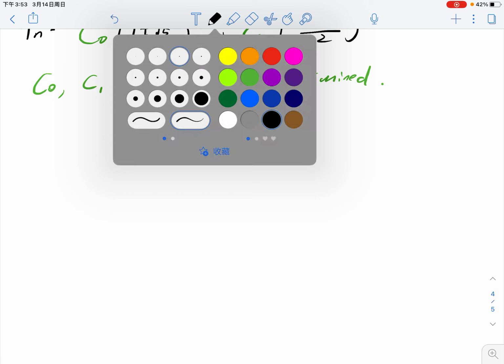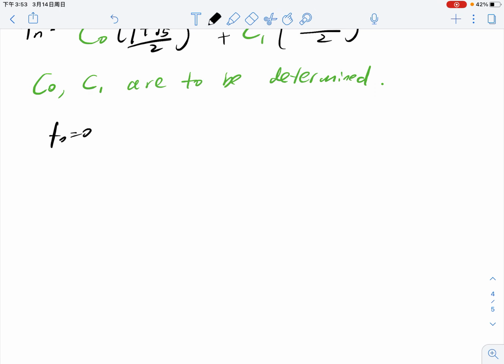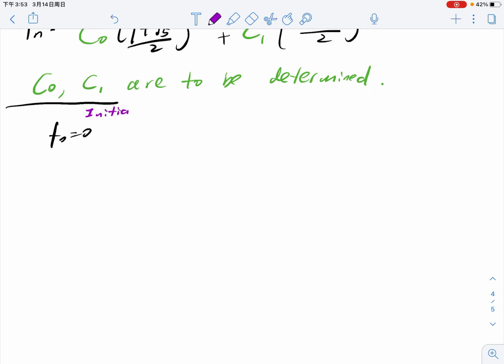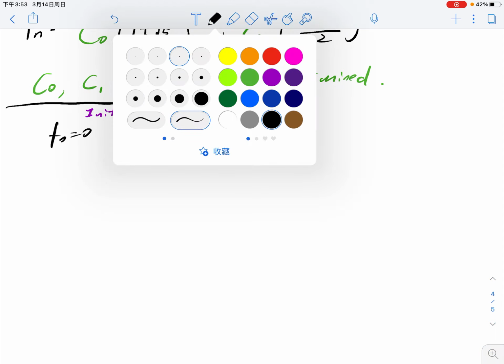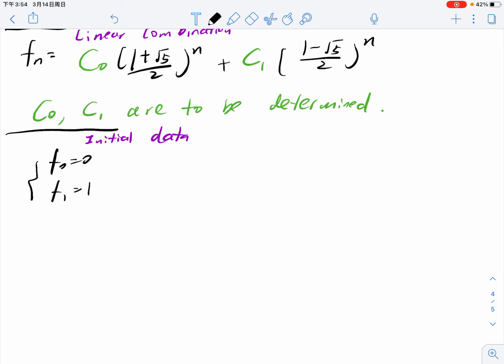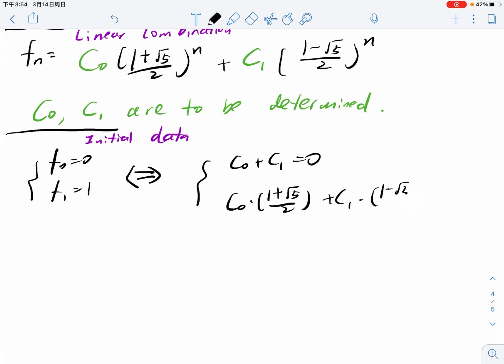And therefore, now let's look at the initial data. F0 is 0, F1 is 1. If you plug in your special solution, you will find that this is equivalent to C0 plus C1 is 0, and C0 times 1 plus square root 5 over 2 plus C1 times 1 minus square root 5 over 2 is 1.